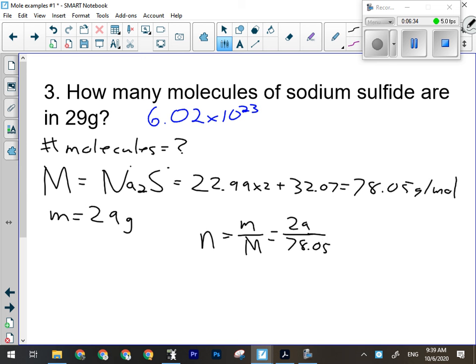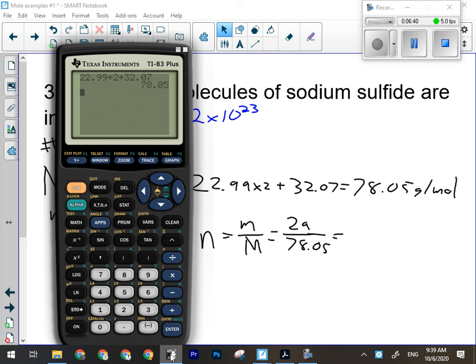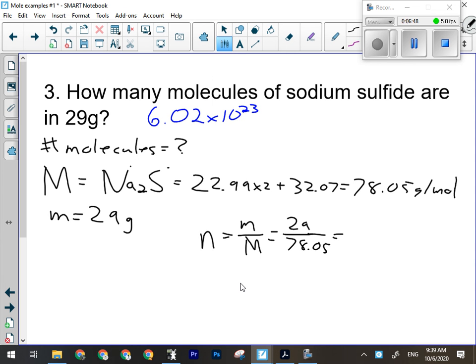I have less than a mole here, because 1 mole is 78 and I only have 29 grams, so it's okay to get a decimal here. That gives me 0.372. Again, we want to keep all those decimals for right now. I'm not going to write them all, but we're going to keep them. 0.372 moles.